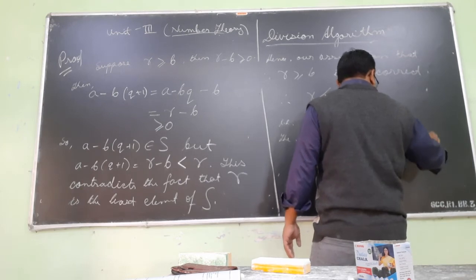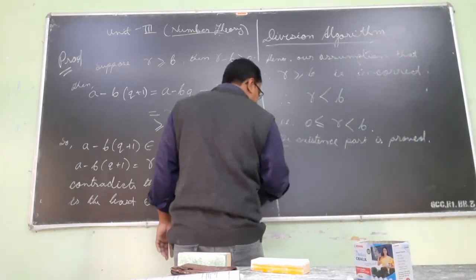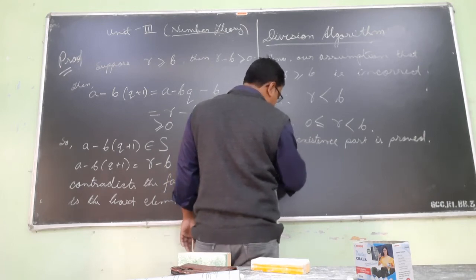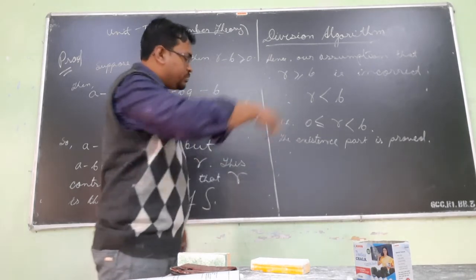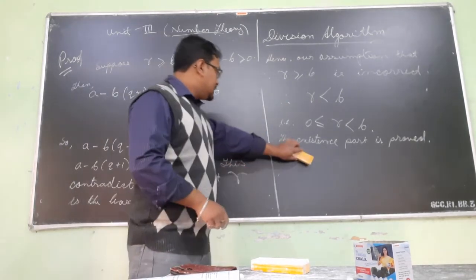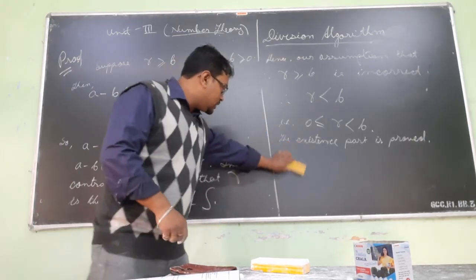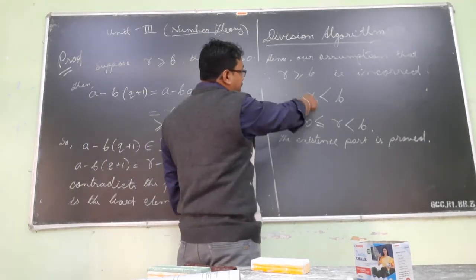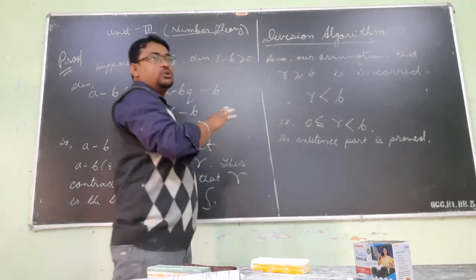What is the meaning of this? We have already proved that A equals BQ plus R, the existence. And now I have to show the uniqueness part. I have to show that the Q and R that I get are actually unique.